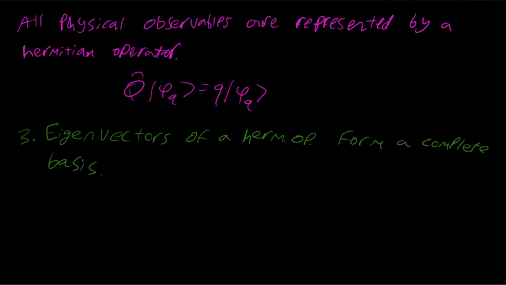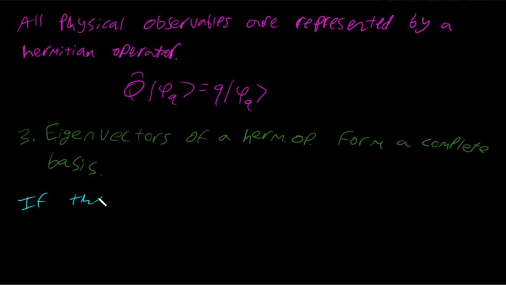And so here, the only thing I'm going to do is just explain why this is necessary for an observable quantity, right? And so this is saying that all the eigenvectors of a Hermitian operator form a complete basis, right? If it is a complete basis, right? And then this is sort of a definition.